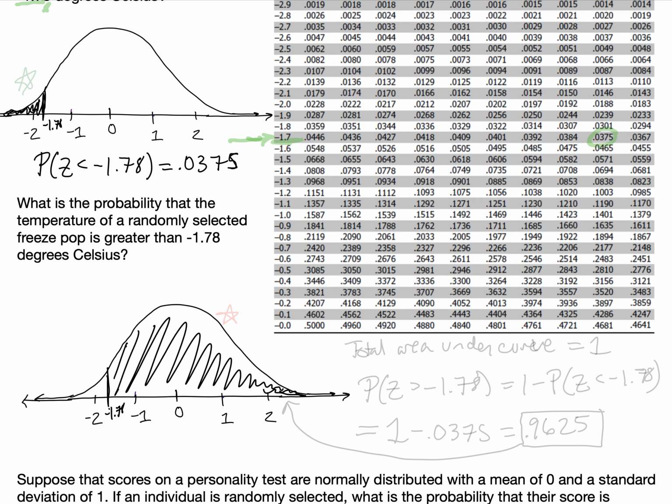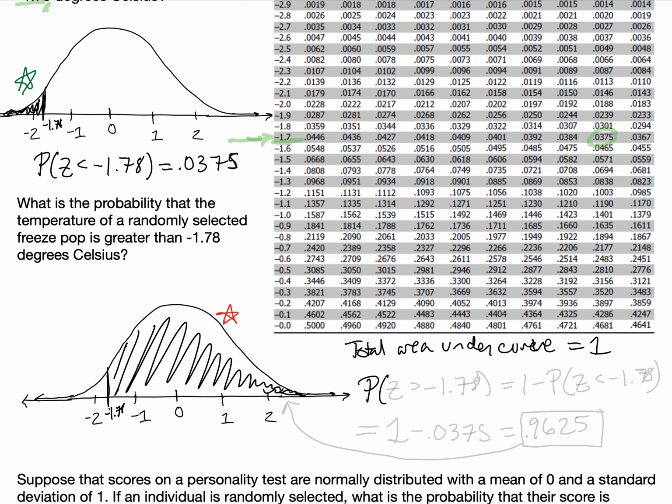Think for a minute about what the relationship is between the shaded region that we see above, the shaded region that we see here, and the shaded region that we see down here. What is the relationship between those two shaded areas? Well, we know that the total area under the curve is 1. For any continuous probability distribution, the total area under the curve is equal to 1.